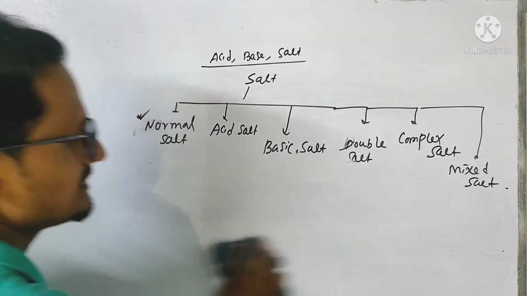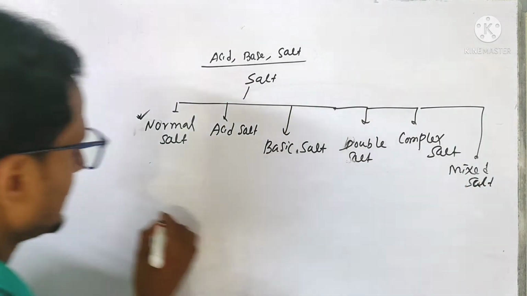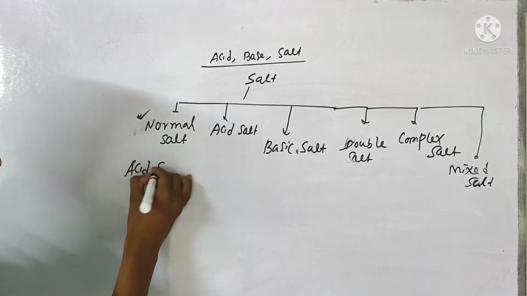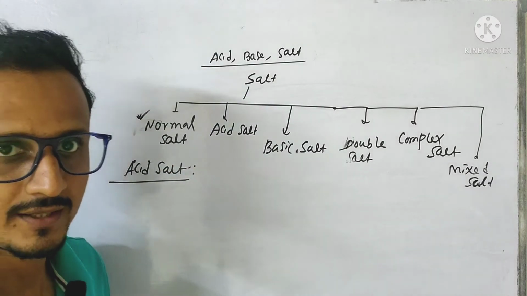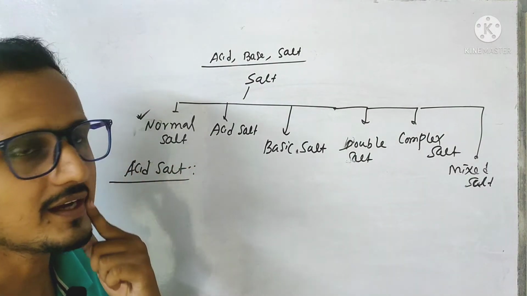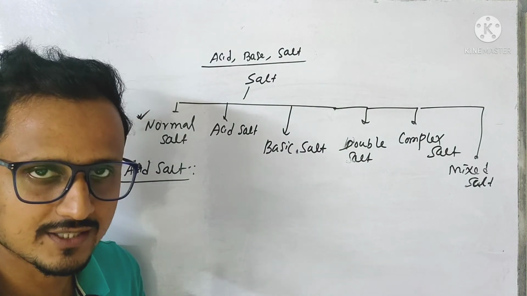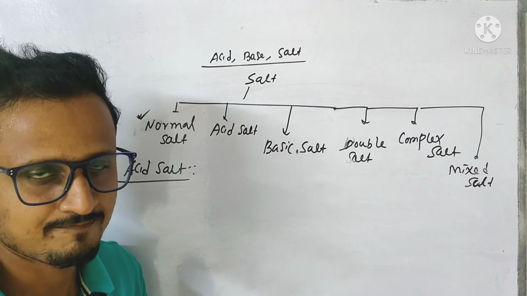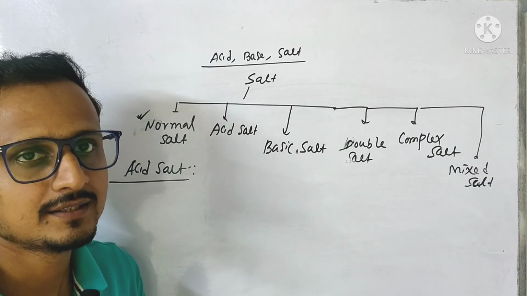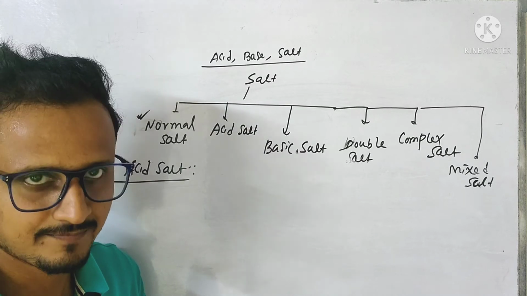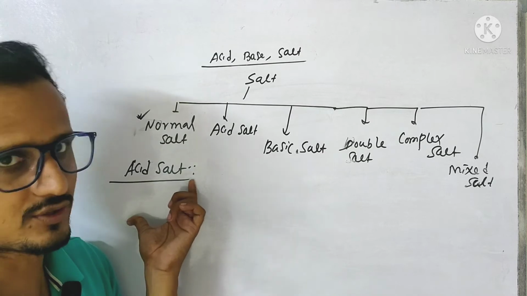Next classification, that is acid salt. Now, what is acid salt? When the replaceable hydrogen, that is H plus ions of an acid, is partially replaced by an electropositive metal, it is called an acid salt.